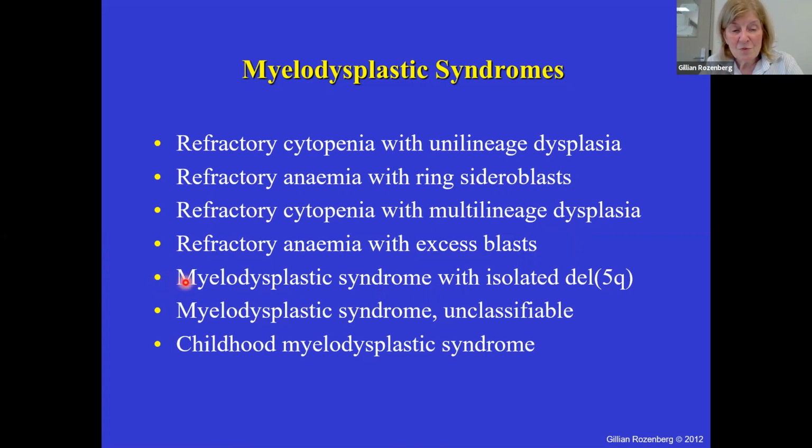Then the next group is the myelodysplastic syndrome with an isolated deletion of 5q, a chromosome specific to this particular group. There's myelodysplastic syndrome, unclassifiable. And then the very rare one that I showed you that peripheral blood film from is childhood myelodysplastic syndrome.